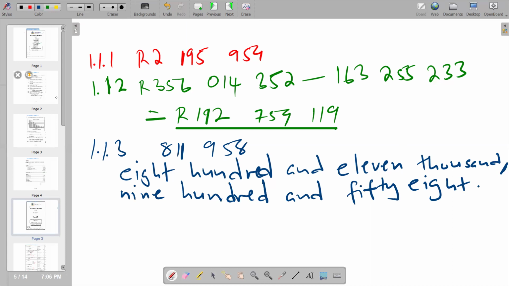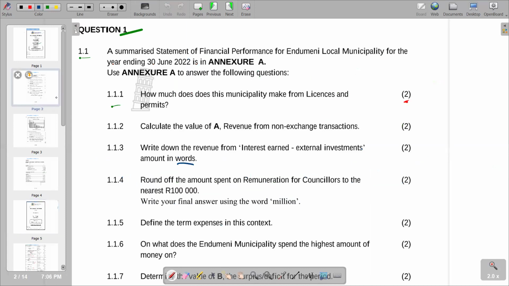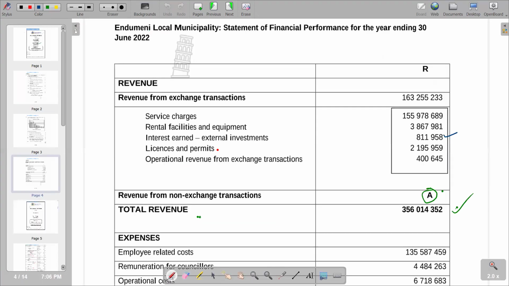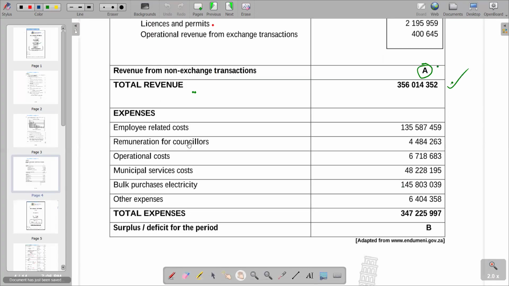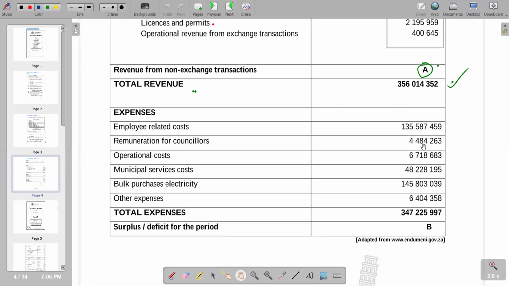So we go to the next part of our question, 1.1.4: round up the amount spent on remuneration of councillors to the nearest 100,000. You can refer there and see the amount spent on remuneration for councillors. We have it here: 4,484,263.